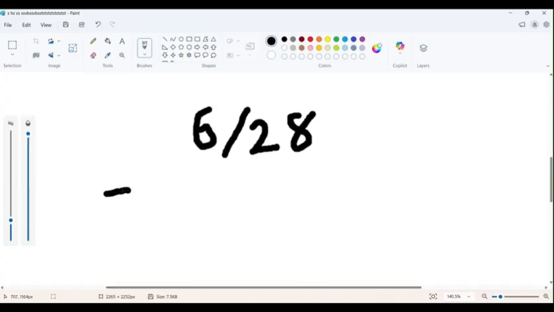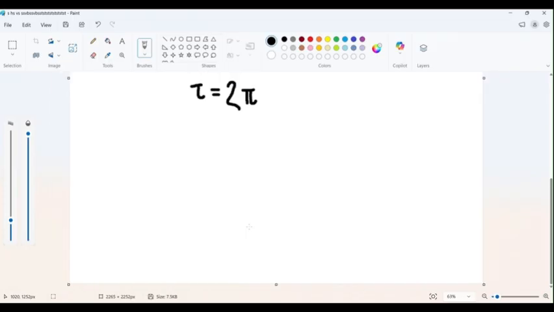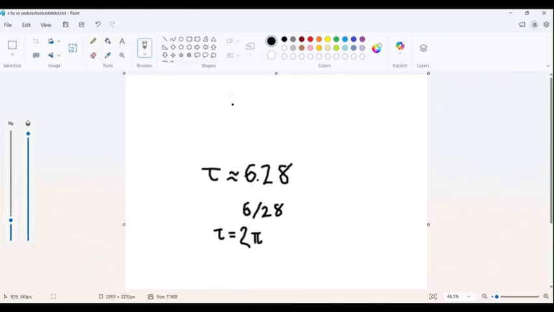And yes, Tau is equal to 2 pi, which means I missed Pi Day, but I think that this might work better for Tau instead.